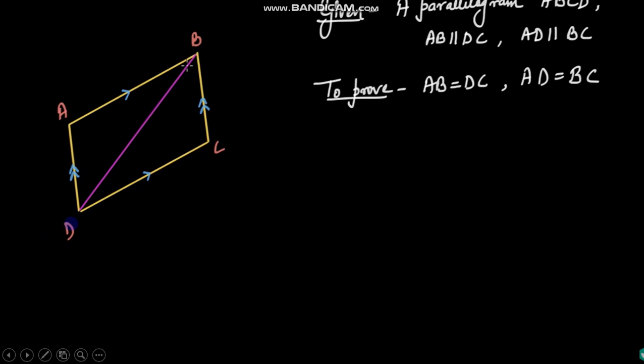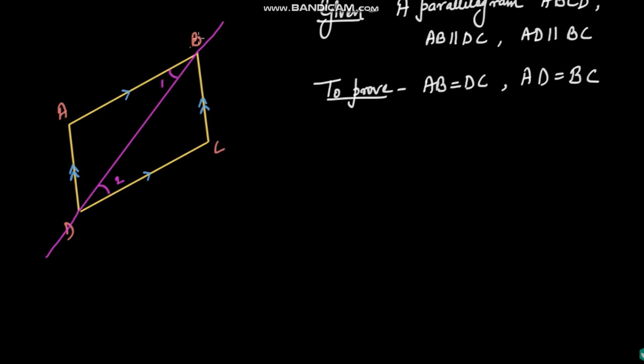That means DB is a transversal line, common to both triangles, triangle ABD and triangle CDB. So let's move on to the proof.